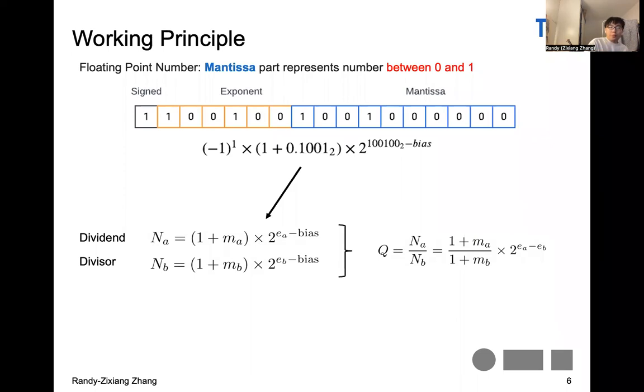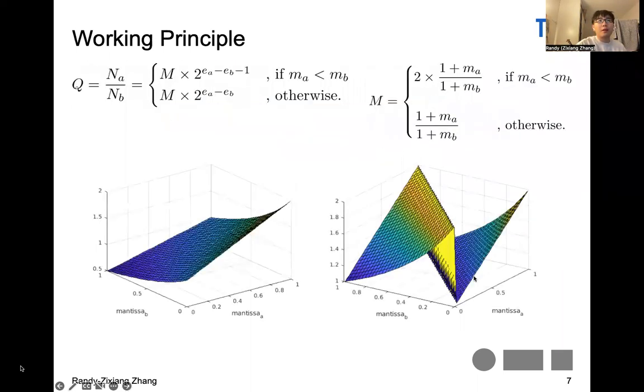By representing the dividend and divisor as such, we can get the quotient as a representation of this.